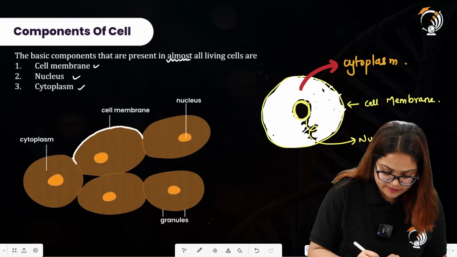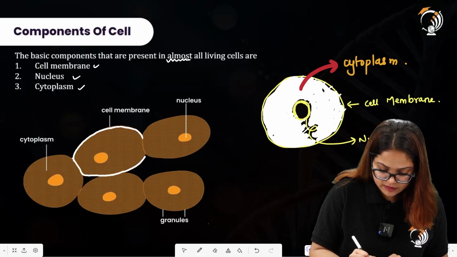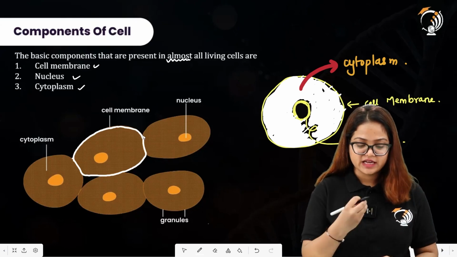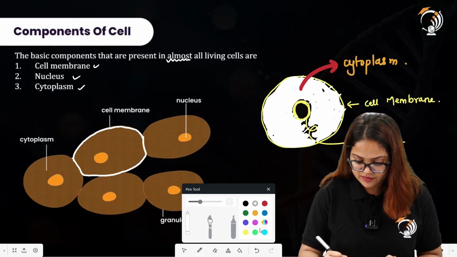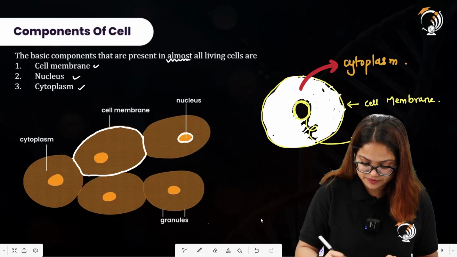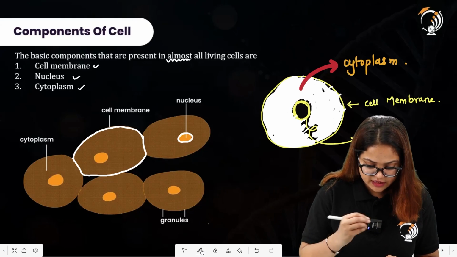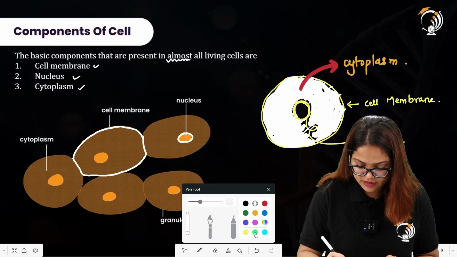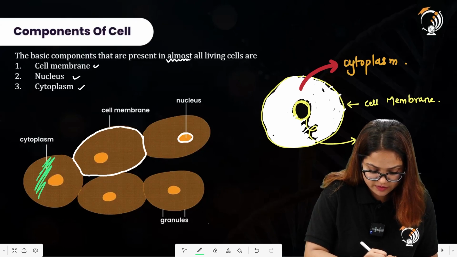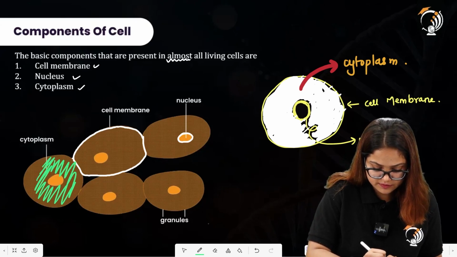All of these cells are represented as having a cell membrane. Then we have this nucleus, the nuclear region. Then the shaded part here is the cytoplasm.